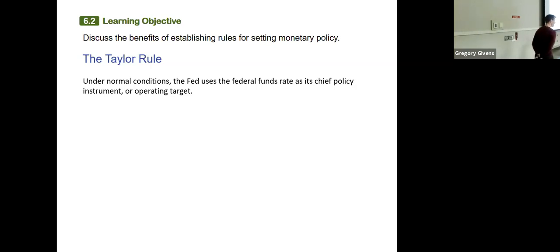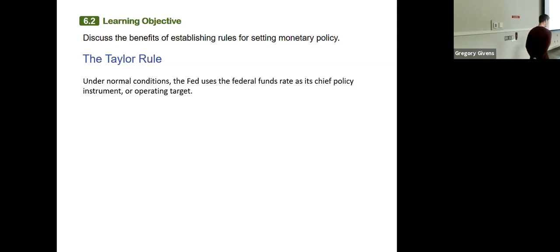We know that it adjusts the funds rate in order to satisfy or accomplish the dual mandate. The Fed is supposed to maintain price stability and full employment. But does the Fed actually follow something that could be described as a monetary policy rule? Or does it behave in a way that's more similar to a discretionary central bank? If the answer is a rule, and I think there's good reasons to think that it is, or at least something that resembles a policy rule, then we need to think about what that rule actually looks like.